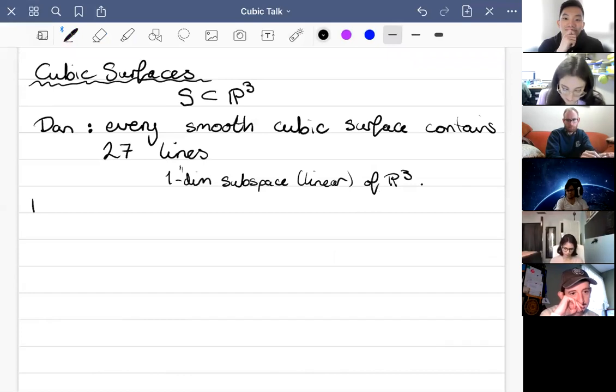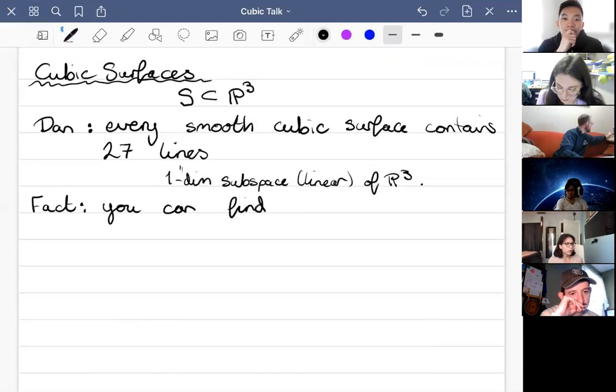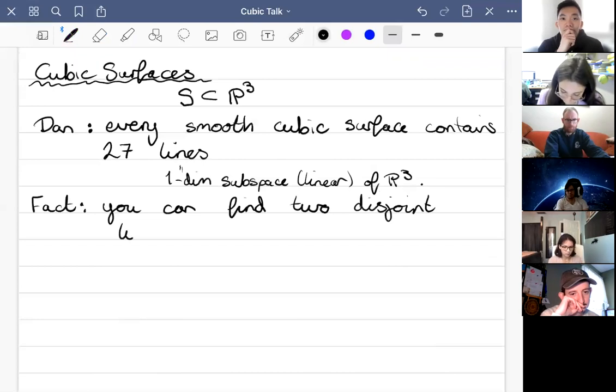And another fun fact is that you can find two disjoint lines. So you can always find two lines contained in my cubic surface which do not intersect each other.